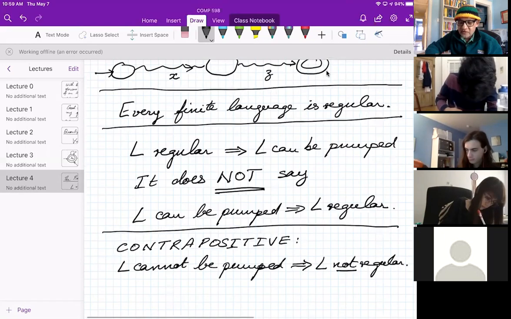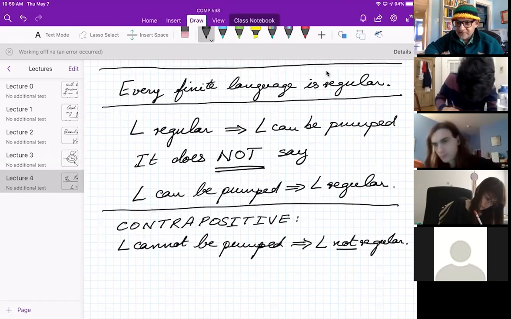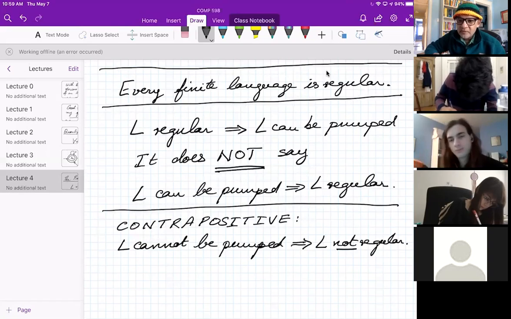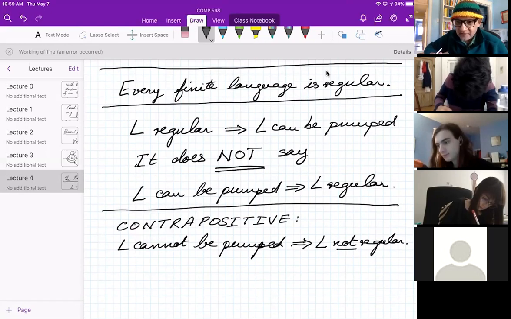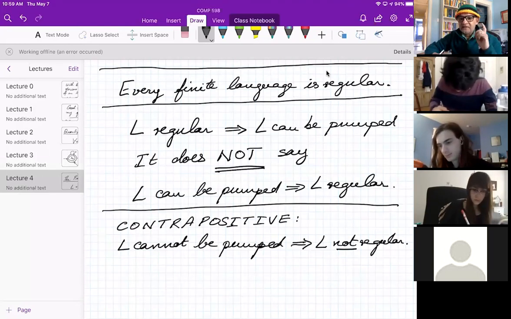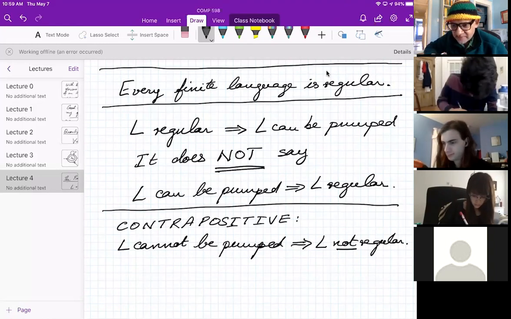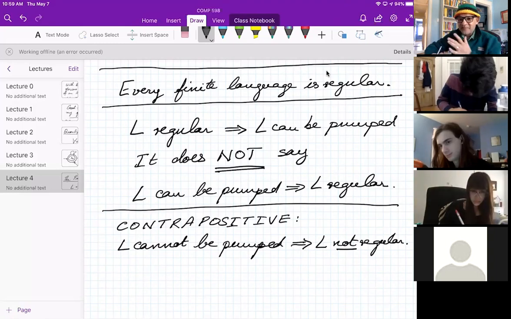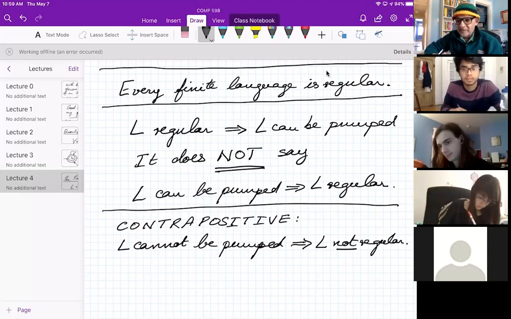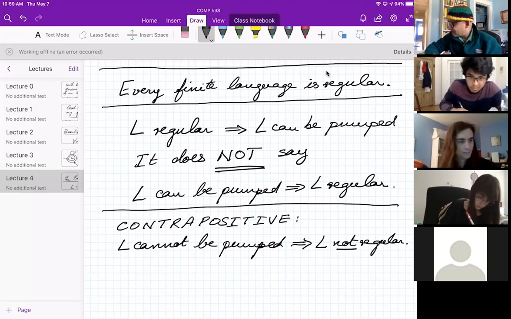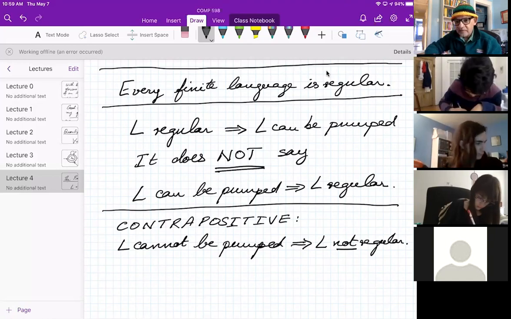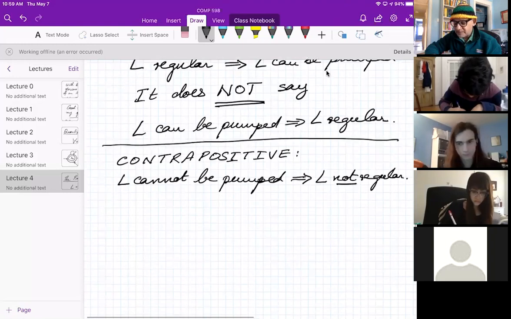So this is, of course, just the contrapositive of the statement of the pumping lemma. But this is the form that we will use. We use the pumping lemma to show that languages are not regular. And how do we do it? We'll say, aha, I'm going to take this language and convince you that it's not regular by showing you that it fails pumping. Okay? And basically the rest of this session is examples of this, of proving languages are not regular. Now, let's write down the contrapositive form explicitly.